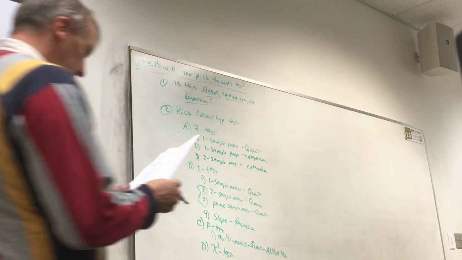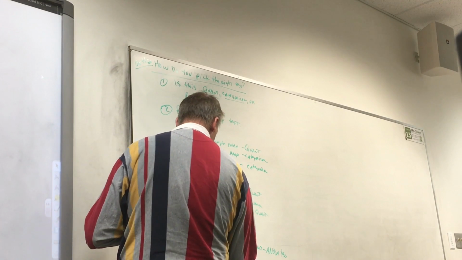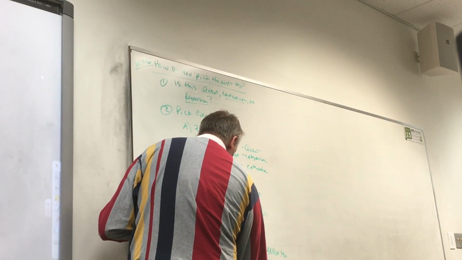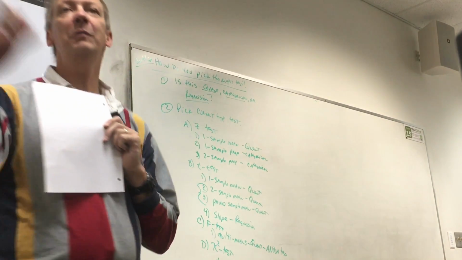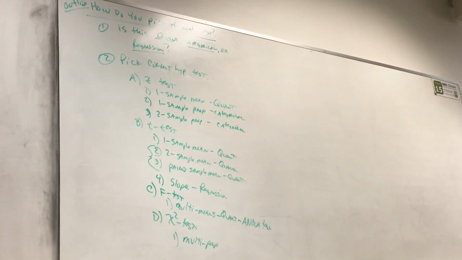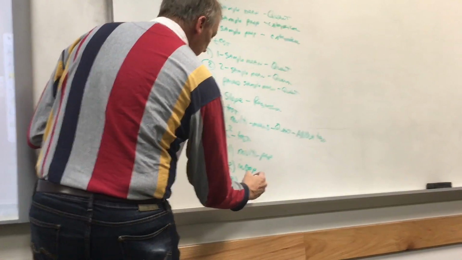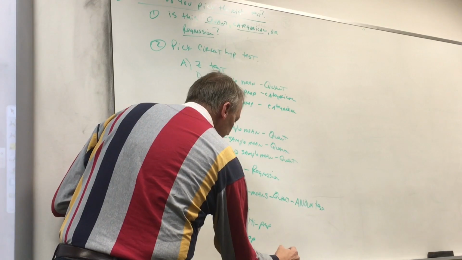Then we're going to do the chi-square test, which is going to be a multi-proportion test, more than 1 proportion. So that's a good thing to be confused with the ANOVA test. It could also be an independence test, or it could be a goodness of fit test.